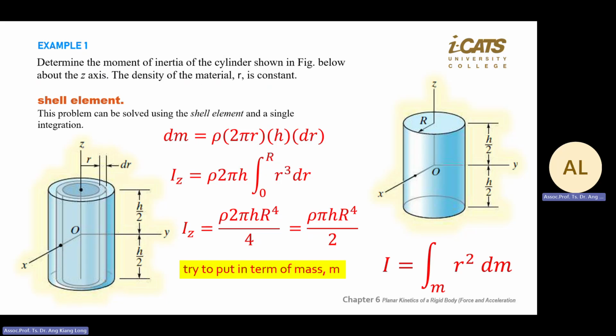This is just elaboration. But can you put this Izz in terms of m? Means we want to convert this, pi rho h r4 divided by 2, in terms of mass. What is your mass? Rho v, right? What's your v?